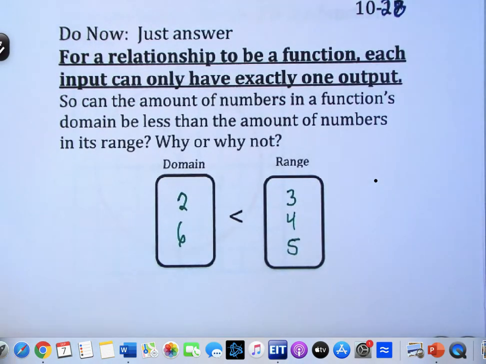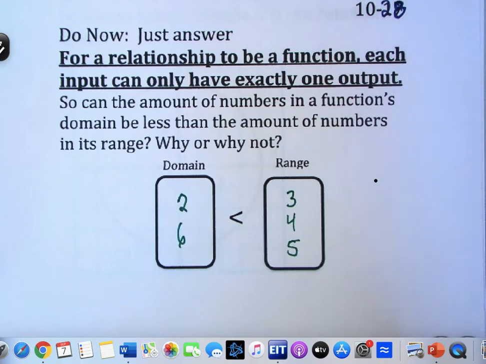So this is a great example. If you have 2 here, 3 here, it has less. Can this still be a function? Okay, so why or why not?